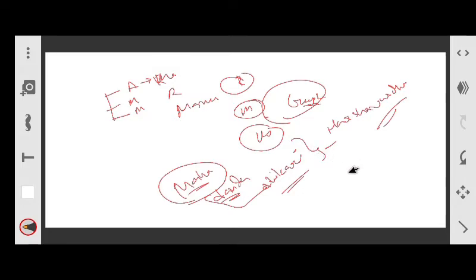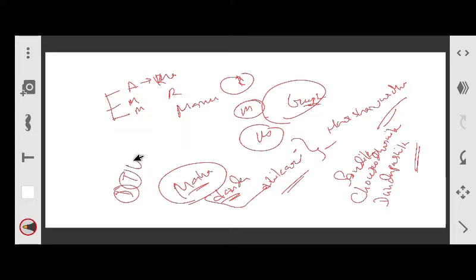These are officials, and these were for maintenance of law and order in the district, town and villages.